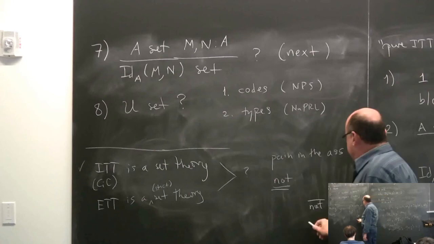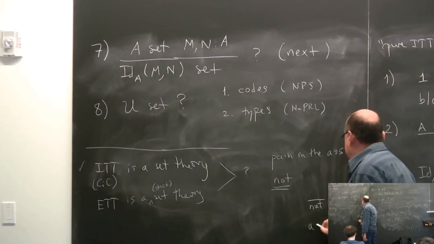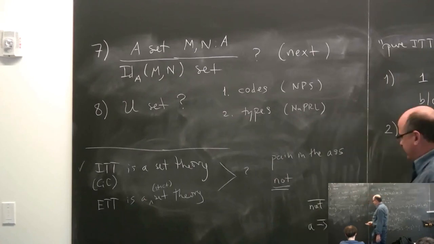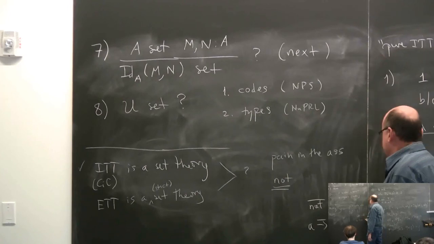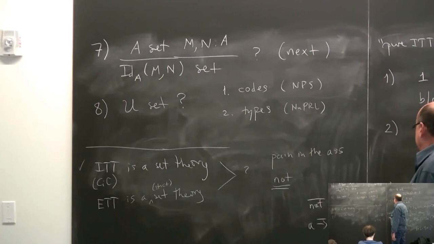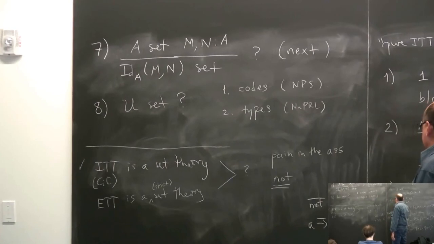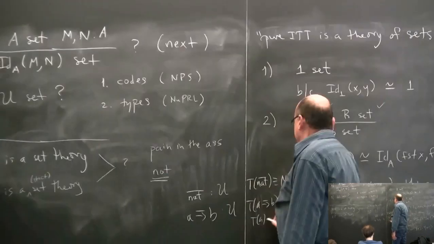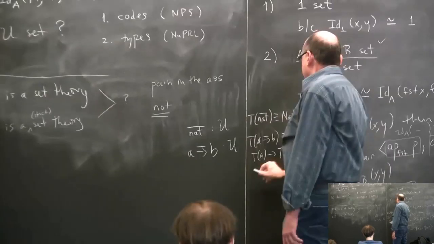Then you would say a arrow overbar. I know it's a little ugly, but what can I do? I have a code for the function space, and if you give me codes for a function space, then that is the function space between the codes, etc.